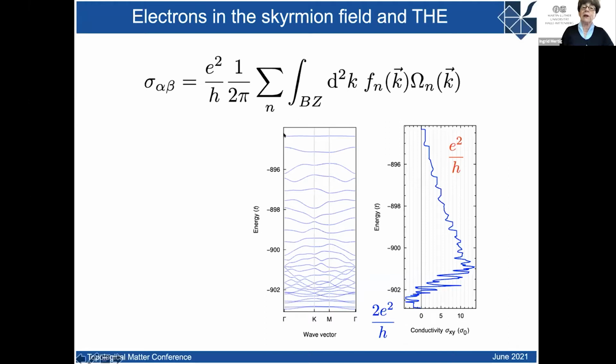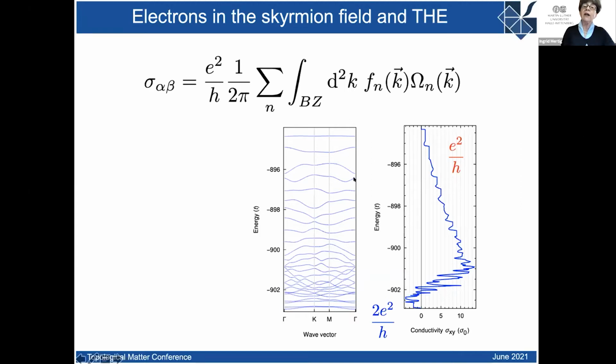We see the following. Each band, if we start here, gives rise to a jump of e² over h in the conductivity. And then the second band comes, and there is some deviation from it, but there is again a nice plateau.